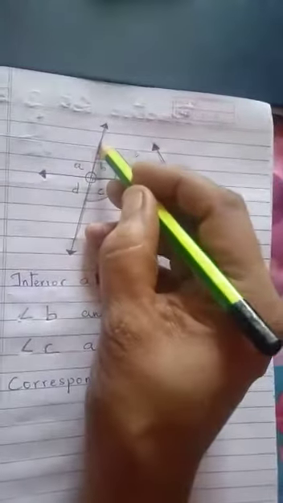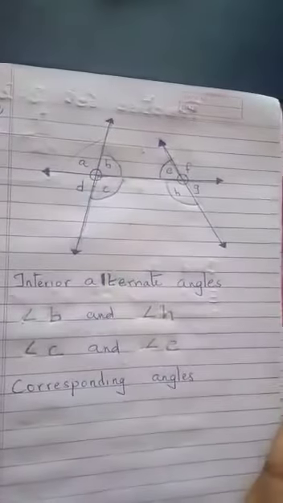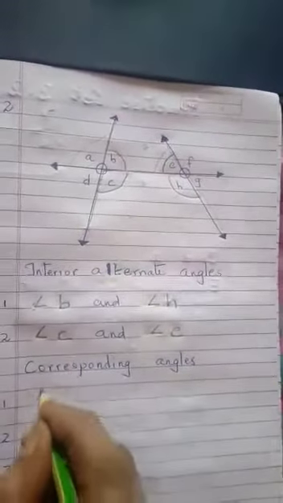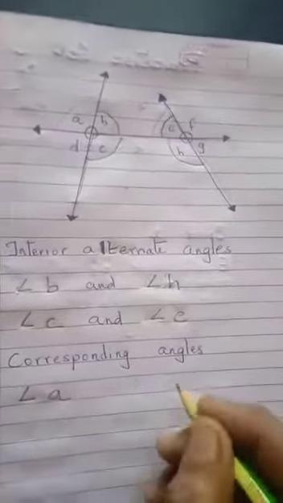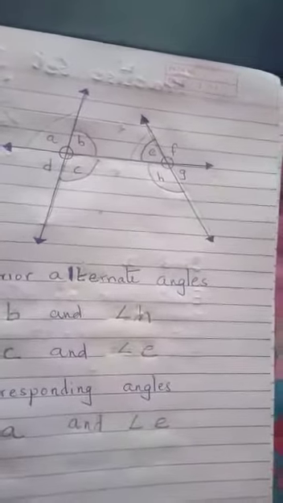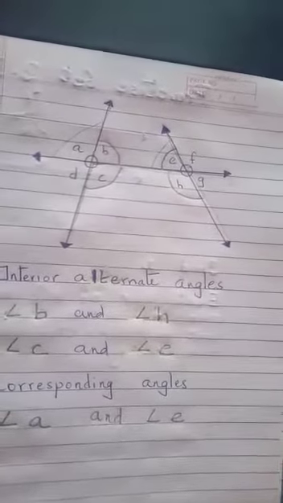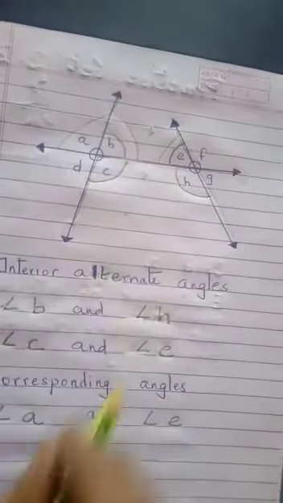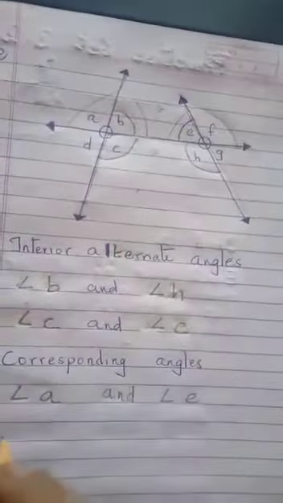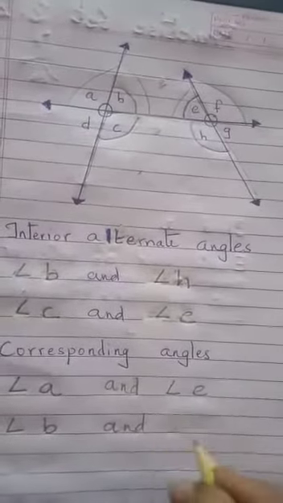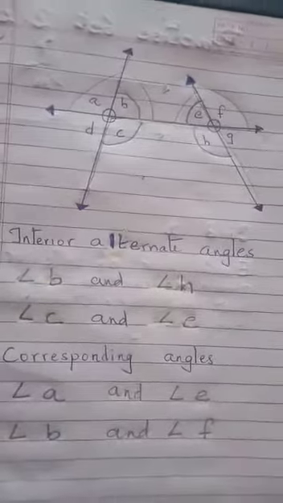We have angle A and we have angle E. So the first pair is angle A and angle E. The second pair is angle B and angle F. Angle B and angle F.